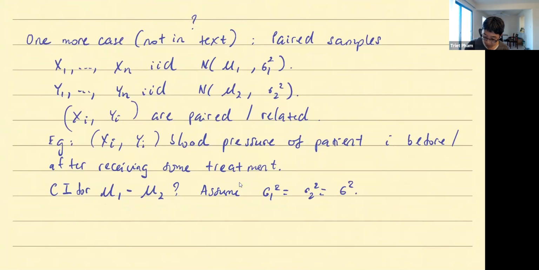So in this case, let me ask: is the confidence interval going to be the same as what we put above? In other words, it's going to be something like this, where n1 plus n2 will be 2n, right?